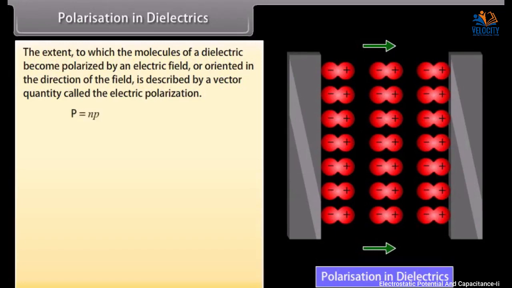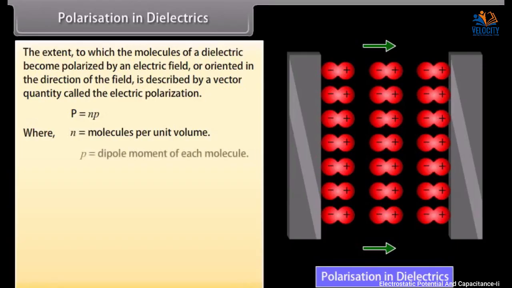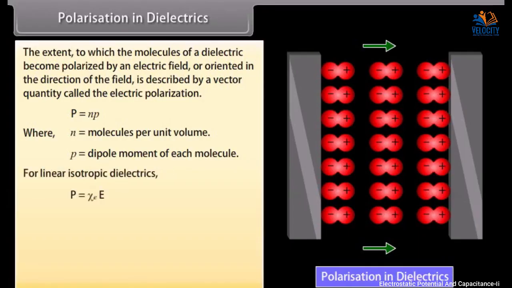P is equal to Np, where N is the number of molecules per unit volume and p is the dipole moment of each molecule. For linear isotropic dielectrics, P is equal to the product of chi and E, where chi is known as the electric susceptibility of the dielectric.